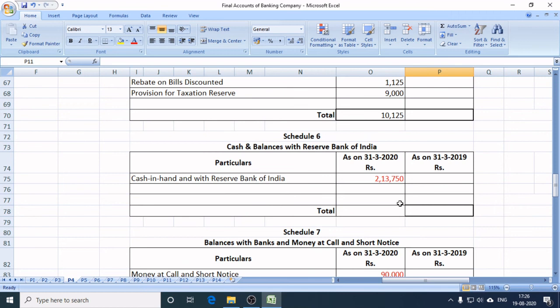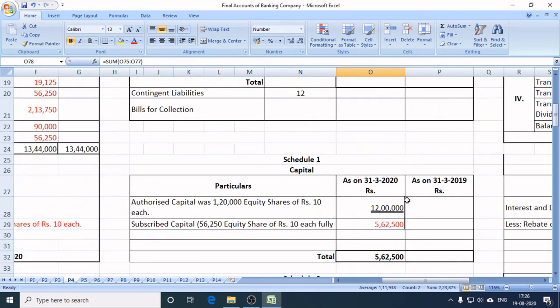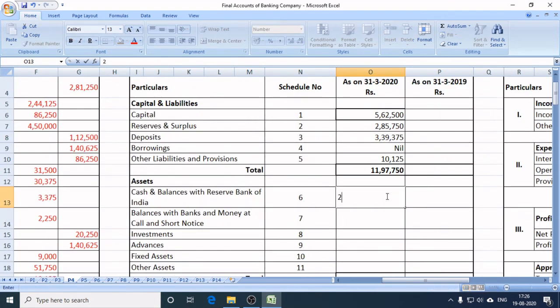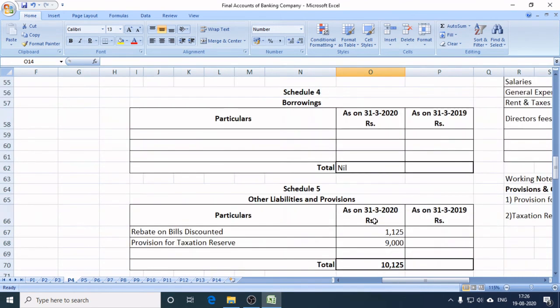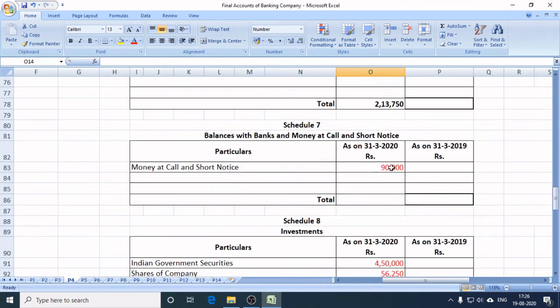Okay, now let's make the totals of the figures given in asset schedules. Let's begin with schedule number 6. The total is 2,13,750. Now schedule number 7. There is only one item, so 90,000.